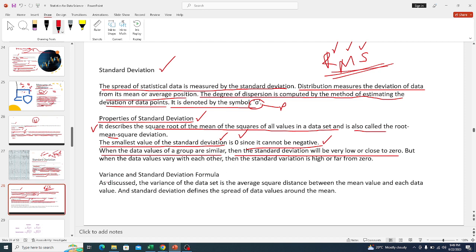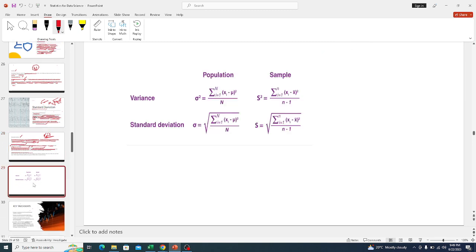Now we have the formulas for these two measures of variability, under population and under sample data.